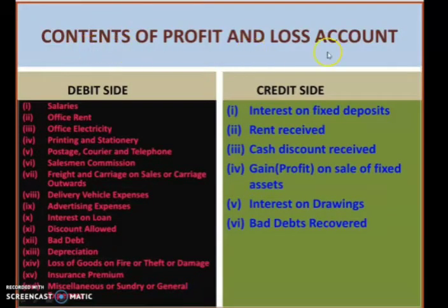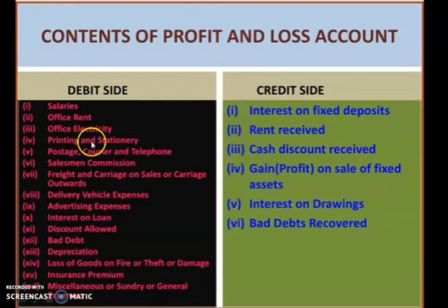Let us see the contents of profit and loss account. On the debit side of profit and loss account, the following items will appear: salaries, office rent, office electricity, printing and stationery, postage, courier and telephone, salesman commission, freight and carriage on sales or carriage outwards, delivery van expenses, advertising expenses, interest on loan, discount allowed, bad debts, depreciation, loss on goods by fire or theft or damage, insurance premium, miscellaneous or sundry or general expenses.